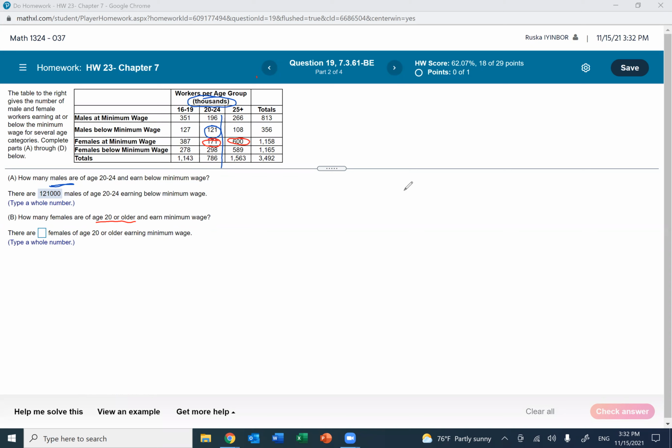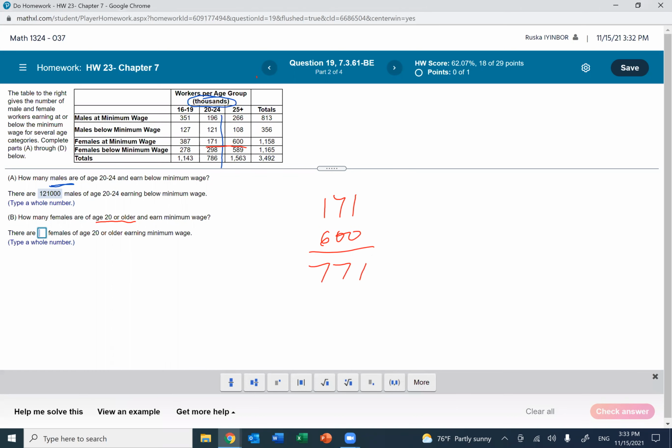So we add, what are we adding? What is the number here? Hold on. I'm going to delete this so I can see better. So we add 171 and 600. So that's 171, 600. It's 771, and you have to put the thousands after that.